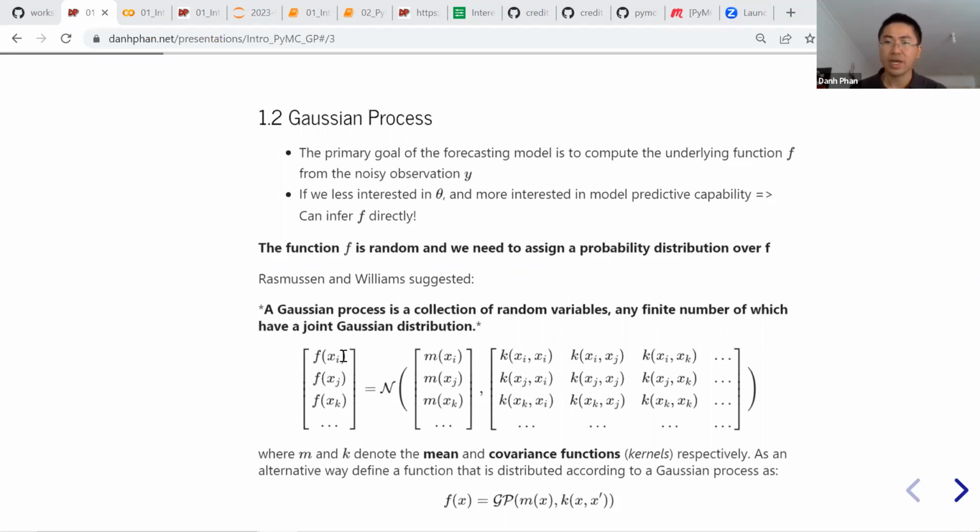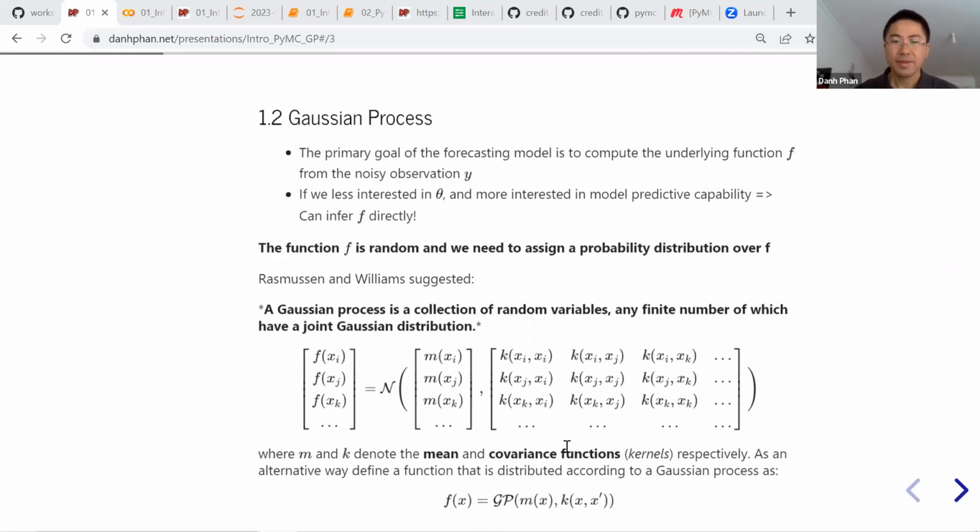So basically we evaluate the f function at different x values as a column vector, and we assume that the latent values of f are distributed as a multivariate normal distribution with a mean vector m and a covariance function, or kernel. We can represent this in the shorter notation GP with m(x) and k(x, x').